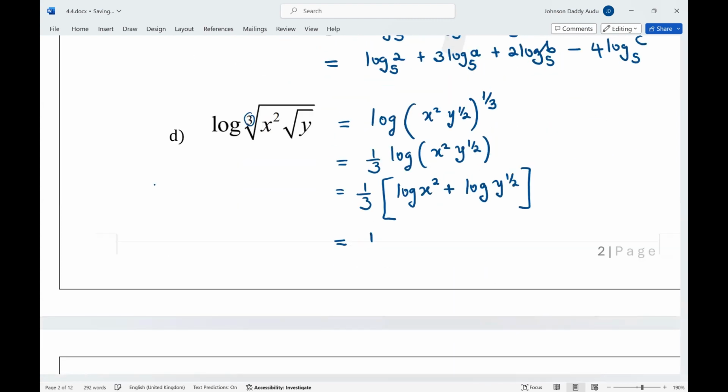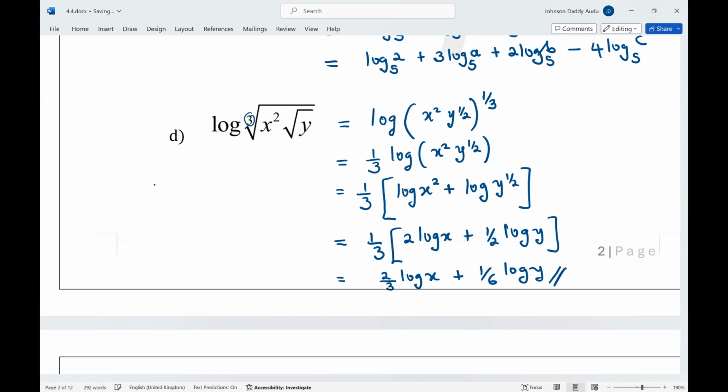Here, we can write 1 over 3, and this inside can be written as 2 log of x plus half log of y. Then finally, we can take 1 over 3 inside so that you have 2 over 3 log x plus 1 over 6 log y. And this is fine.